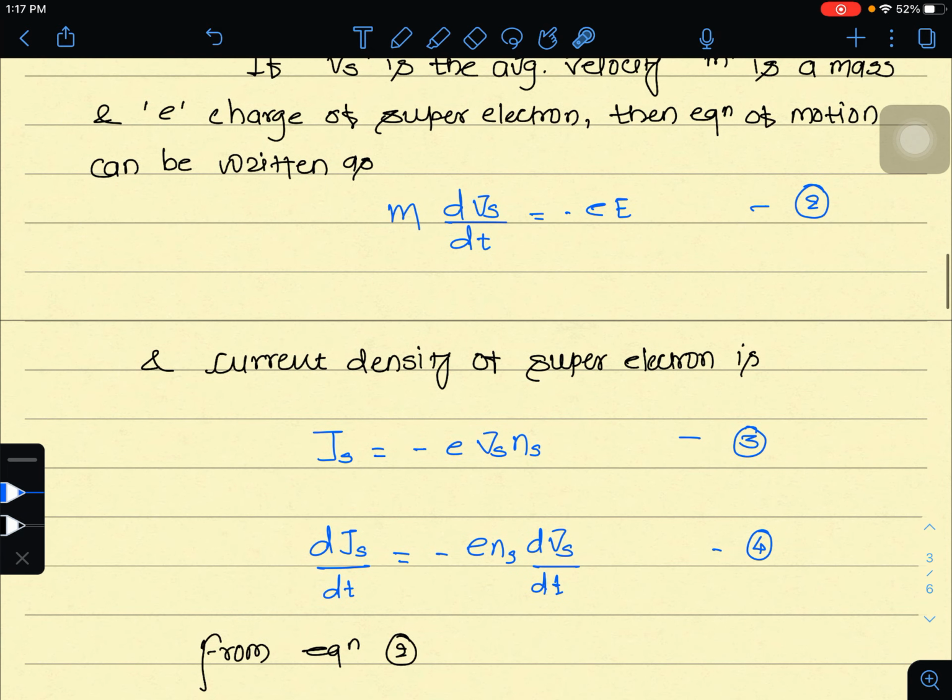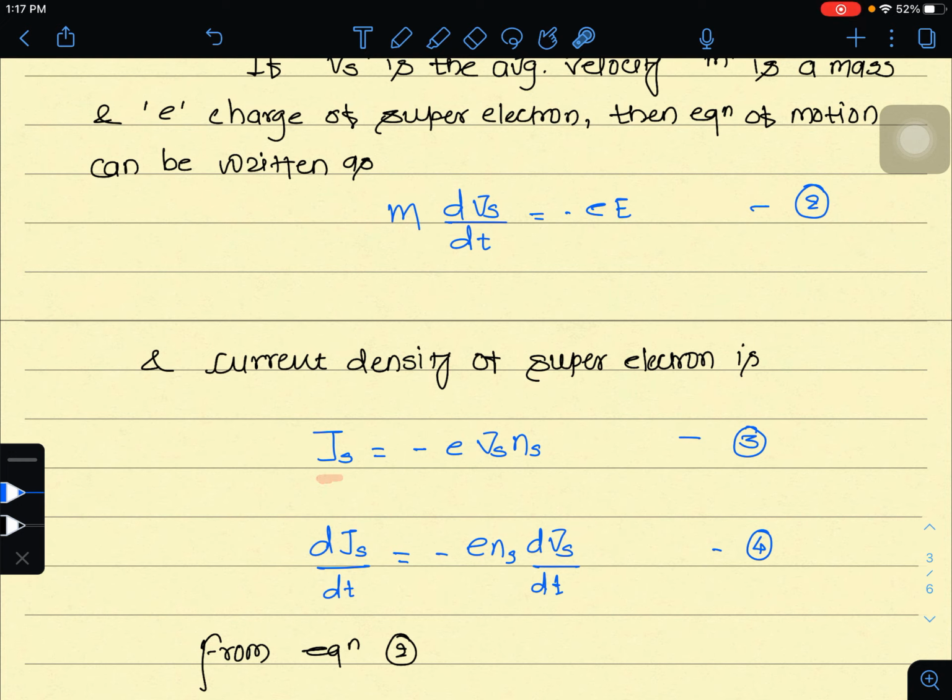Now we find the current density of super electrons. Js is equal to minus e Vs Ns.